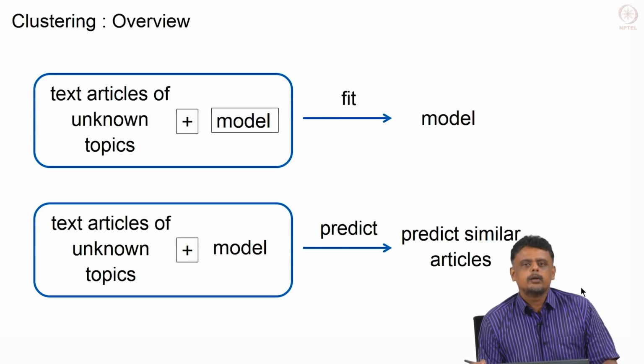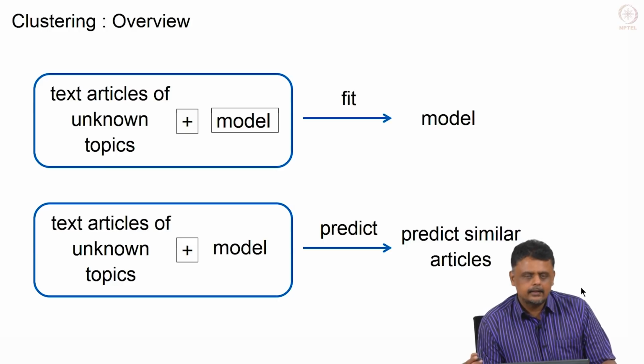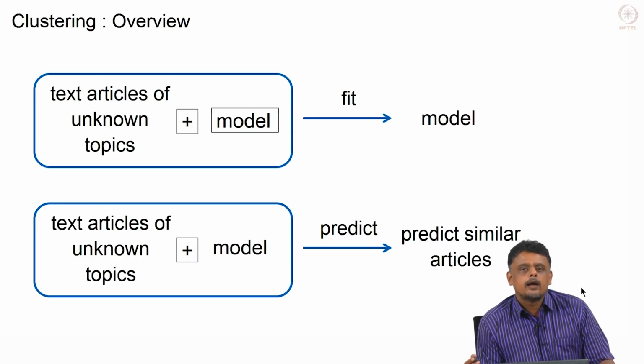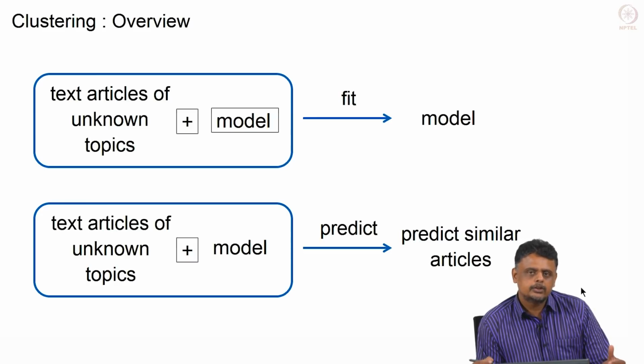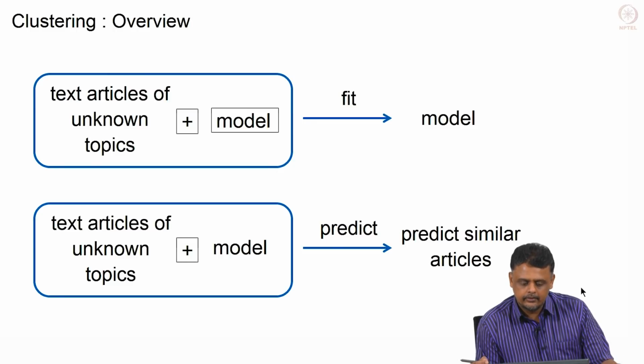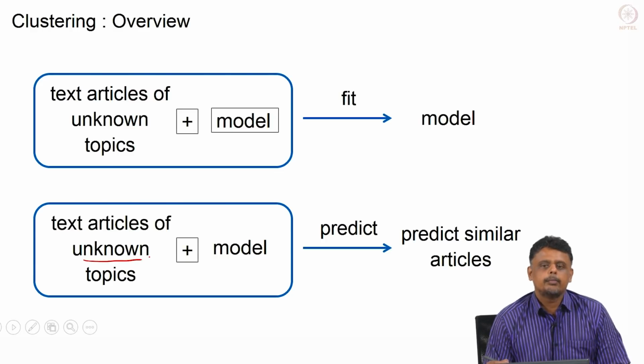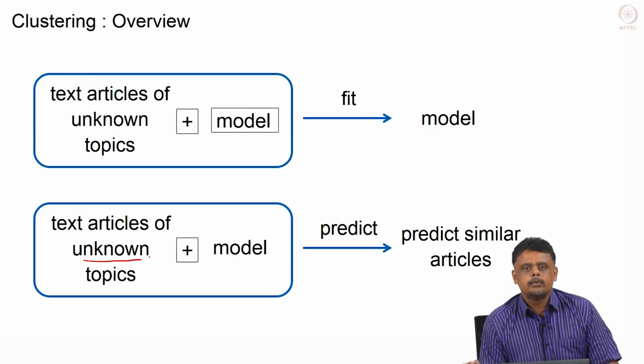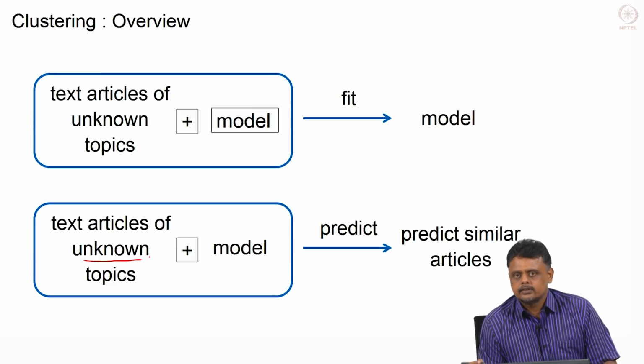So, for instance, topic modeling. We are given a bunch of text articles, maybe newspaper articles consisting of unknown topics. Based on the text in the articles, we come up with a model which separates the articles into several topics. We do not know what the topics are beforehand, because they are extracted from the given text. However, when a new article with an unknown topic comes in, we run it through the model and it binds it with similar articles, that is, it predicts what class it would typically belong to.